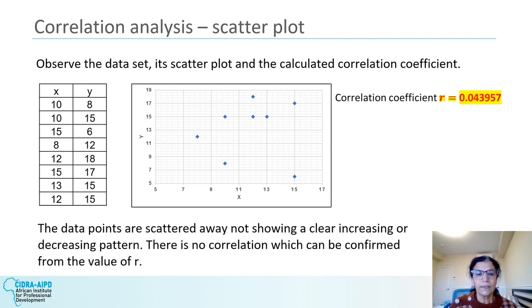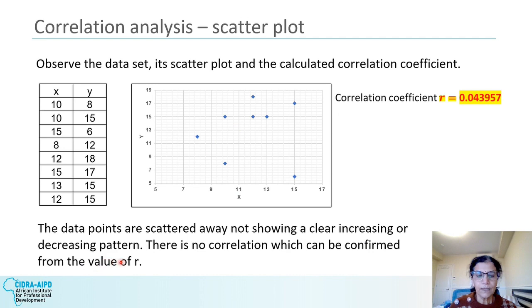Here is another example. X values, Y values. I have done this scatter plot. I have given you the calculated value of R. Looking at the graph, we can see the data points are scattered away, not showing a clear increasing or decreasing pattern.